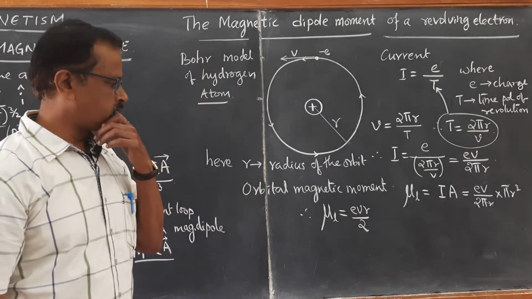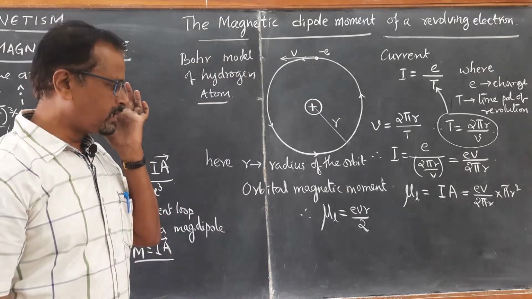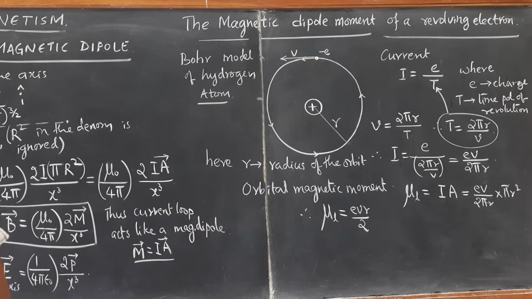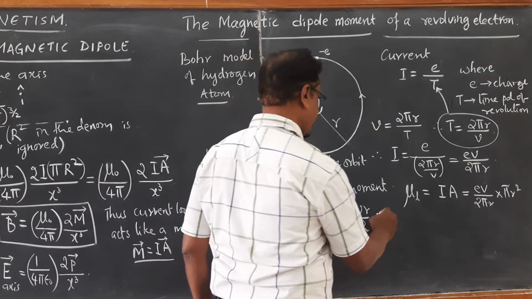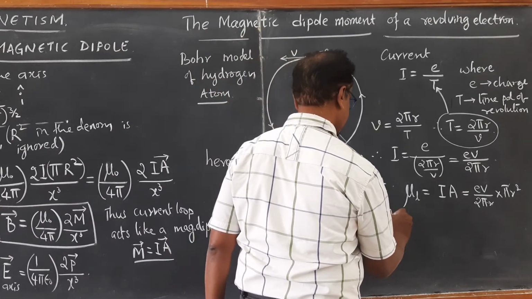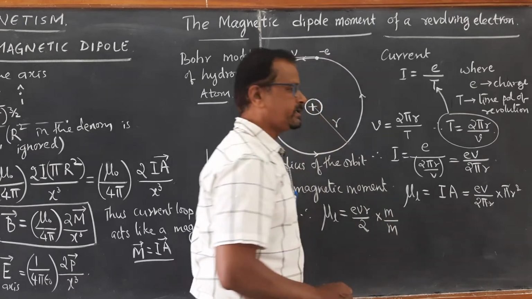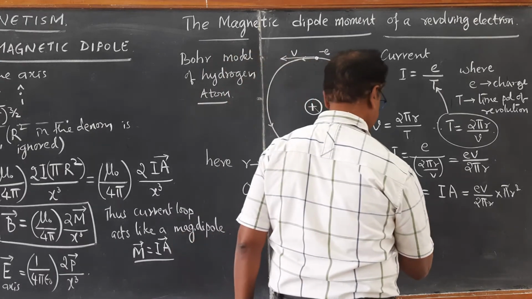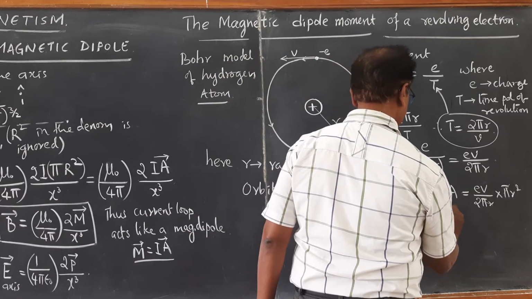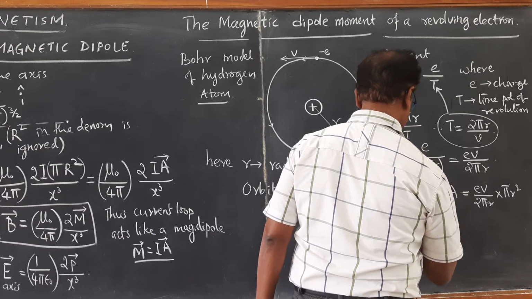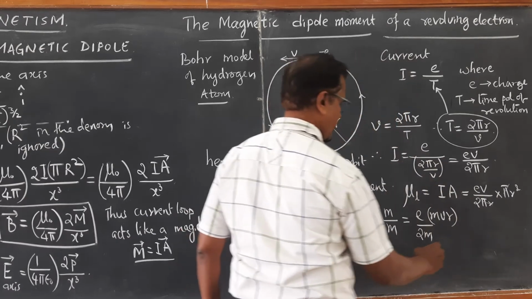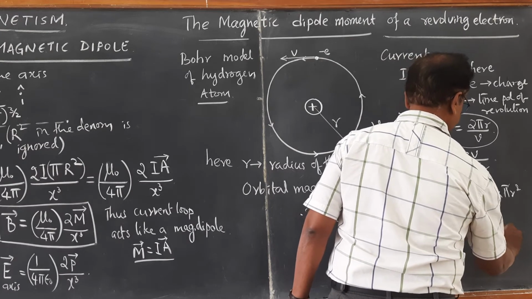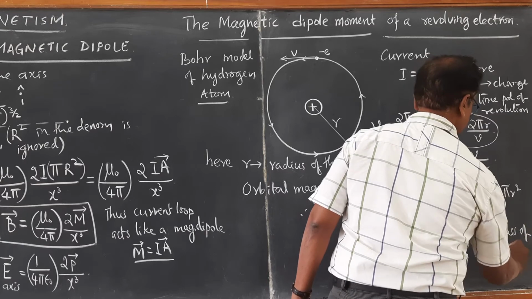So here we multiply and divide by mass m, where m is the mass of the electron. Then we get e into mvr upon 2m, where m is the mass of electron.